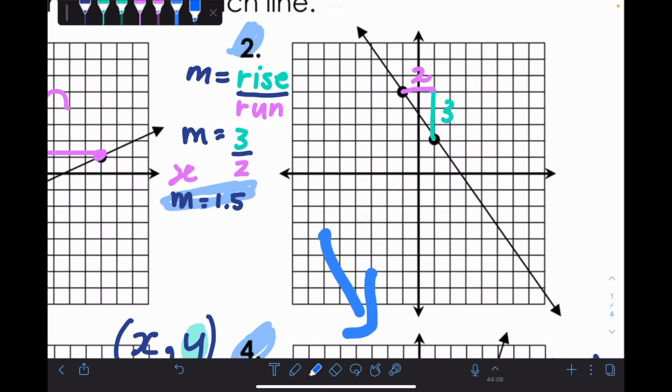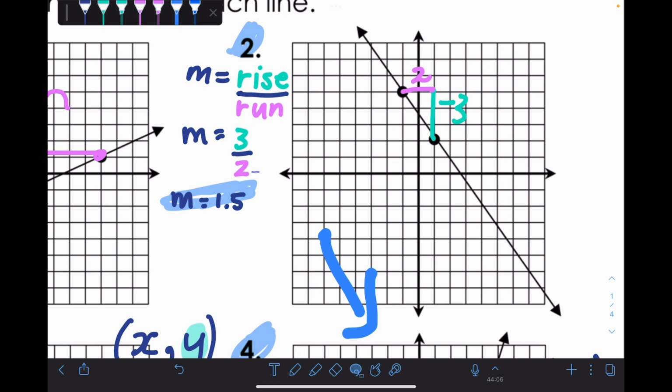Okay, we actually know. Hey, this isn't rising, is it? This is going down. This is falling. So this number, because it's falling, needs to be negative. Silly goose. Silly Miss Page. This number needs to be negative.